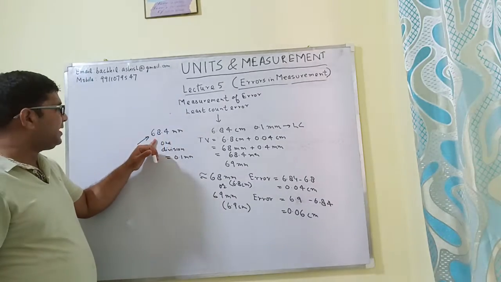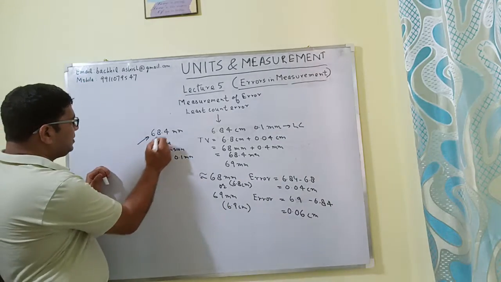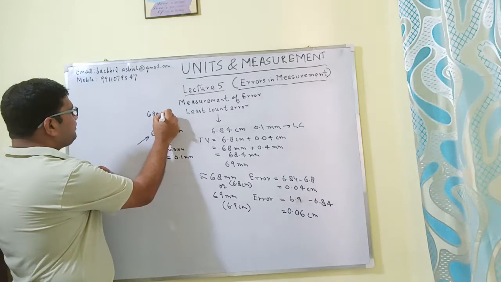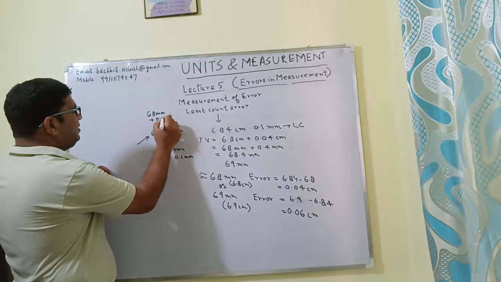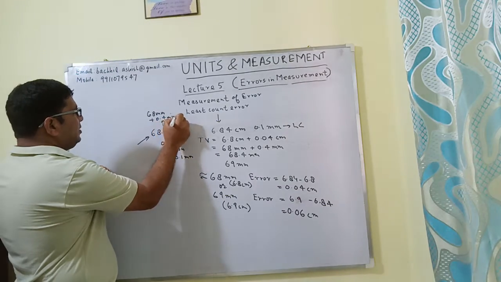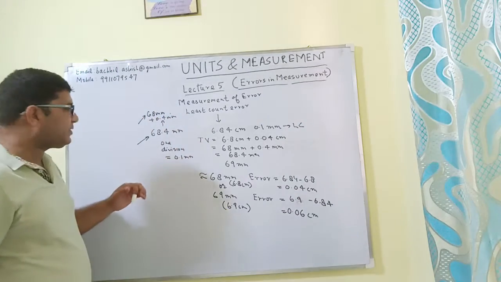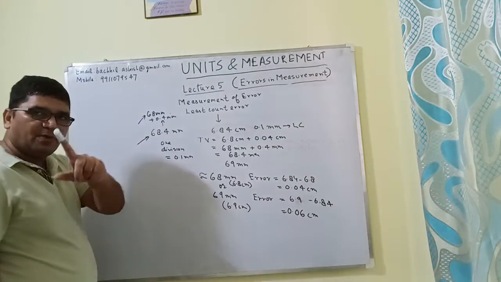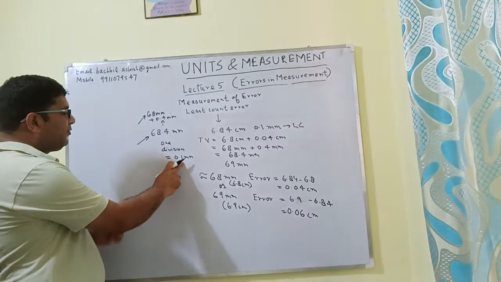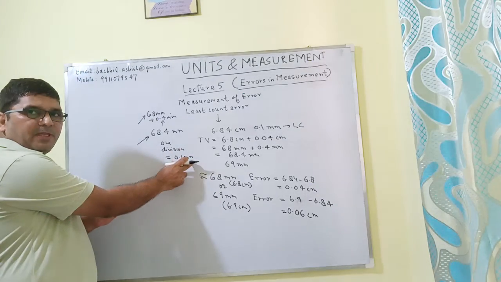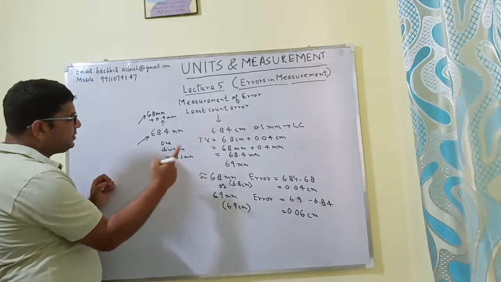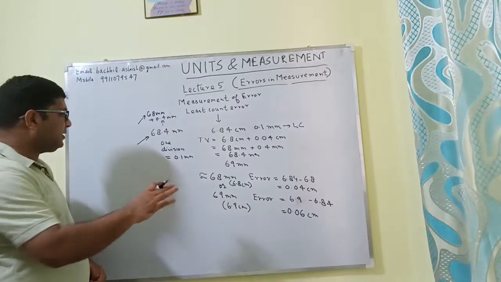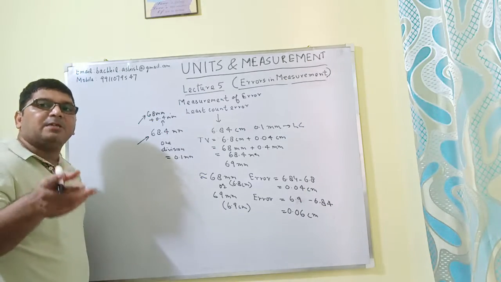So 68.4 mm is equal to 68 mm plus 0.4 mm. This can easily be measured by that instrument, because four divisions on that instrument equal 0.4 mm. So we can easily measure the true value, and in that case the error can be 0.